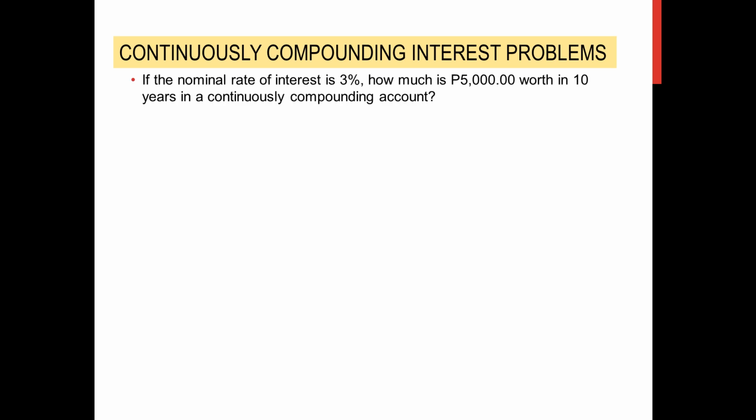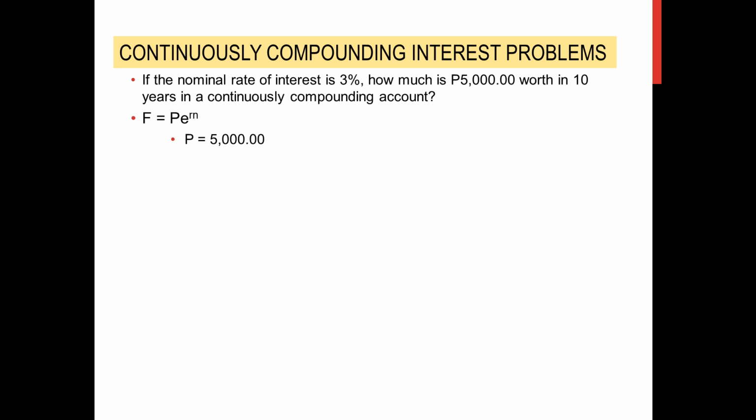Next. If the nominal rate of interest is 3%, how much is 5,000 pesos worth in 10 years in a continuously compounding amount? So what is the unknown here? Is it present or future? Of course, that is future. So, just the same formula.